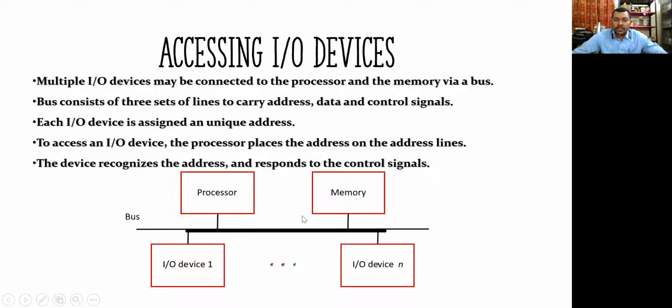Along with this, it is having an address line also. So the address lines put the address of that particular input output device, the processor puts that particular address on those address lines, and the input output device recognizes the signal that the processor wants to communicate with that particular input output device. So this was the simplest form of understanding how to access the input output devices.